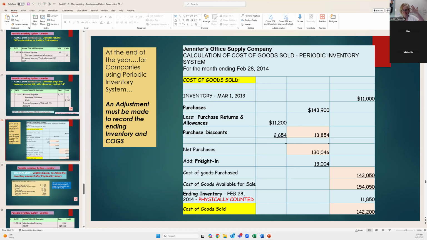Add freight in, and then we come down here, add those 5 items together. I don't care about the subtotals. And then you say goods available for sale.